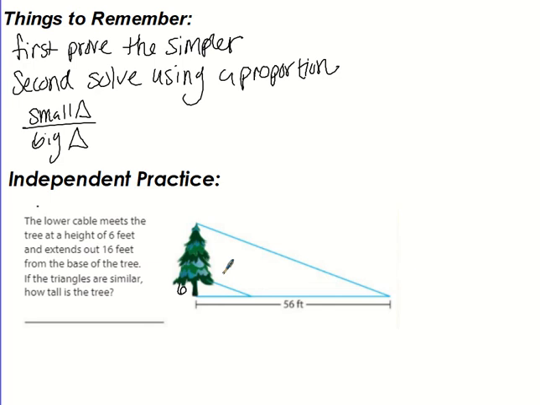And it extends out 16 feet from the base of the tree. This right here, not drawn very well, is 16 feet. If the triangles are similar, how tall is the tree?